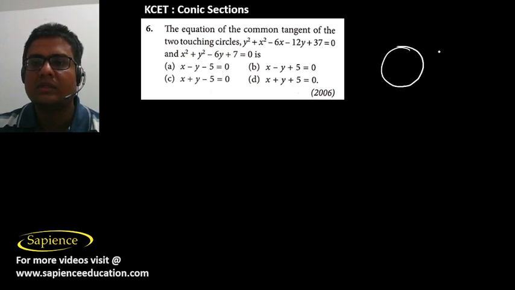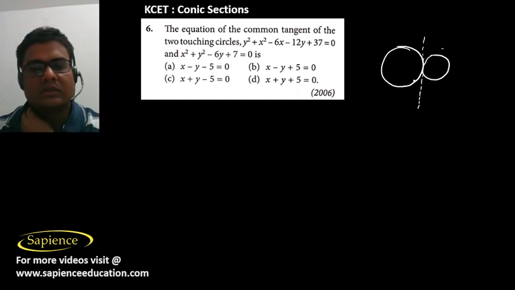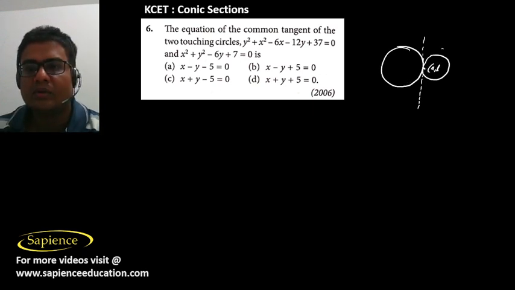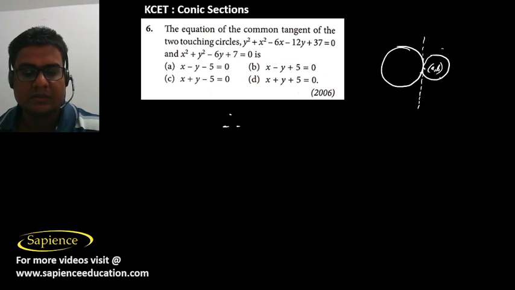So two circles are touching each other, then the equation of the common tangent of the two touching circles. Let that point be a comma b, where the two circles are touching each other. So if we solve the equations of these two circles, then we can find those points a and b.